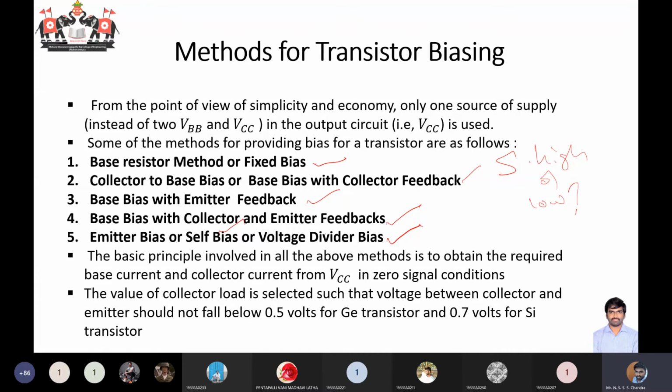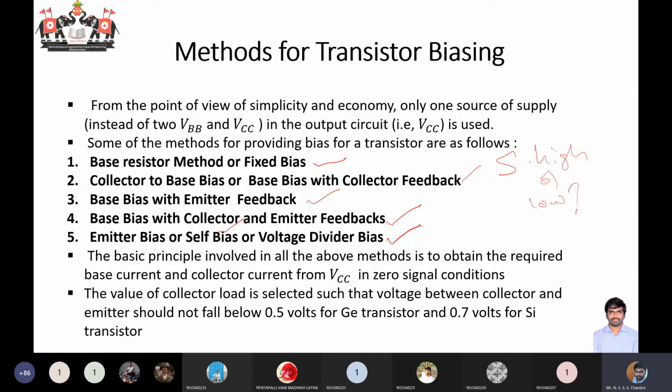Please respond. If the S value is high, you have to discard the circuit. If you have a low S value, we can use that circuit as an amplifier. In our amplifier circuit, we should choose a bias circuit in such a way that the S value is low. That's how we are going to do it.